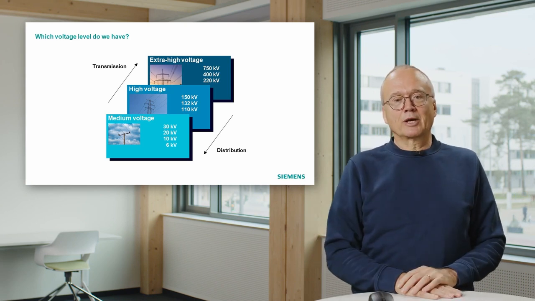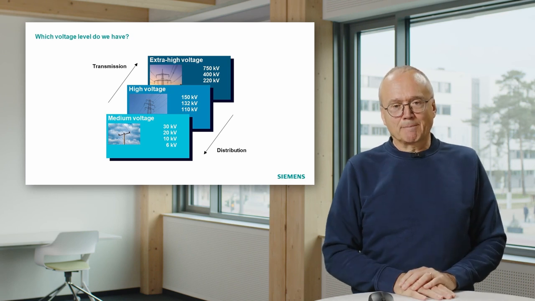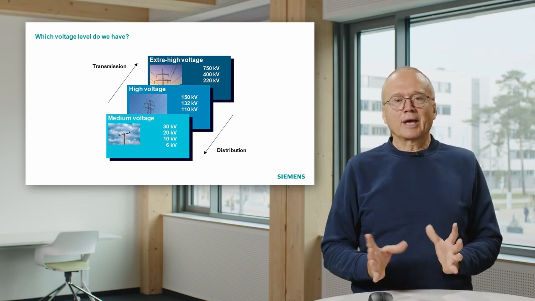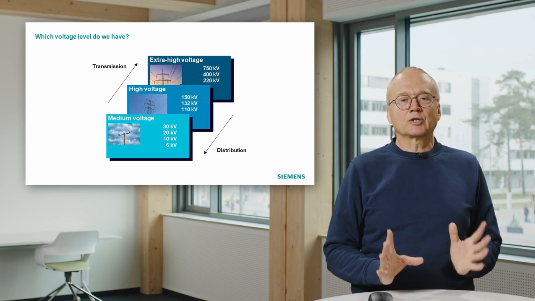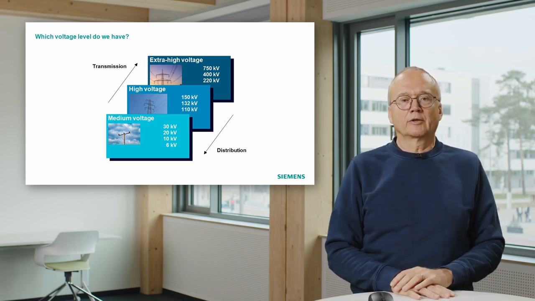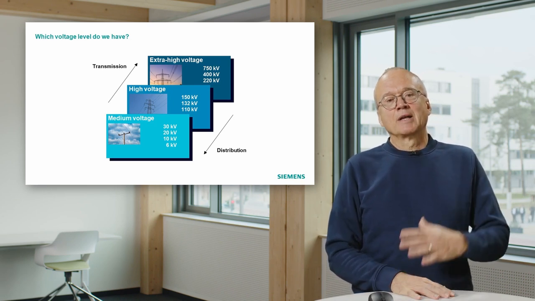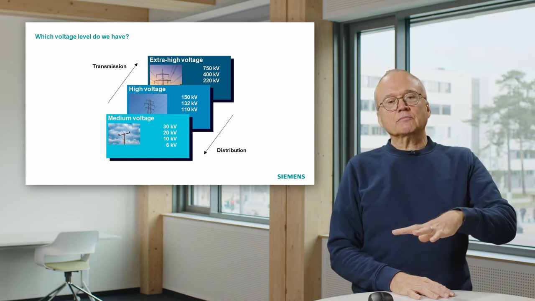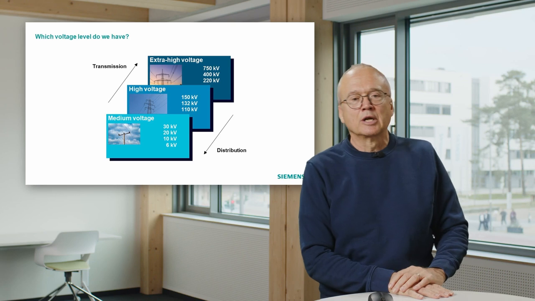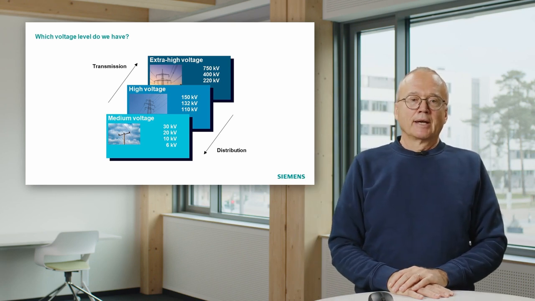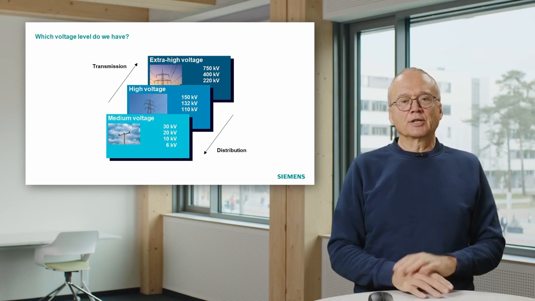Below high voltage, you have typically so-called subtransmission level. Also there, the voltages are different in different areas, 110, 132, or 150 kilovolt. And below that, you have a medium voltage level, which does really the distribution of the energy into the cities, the villages.